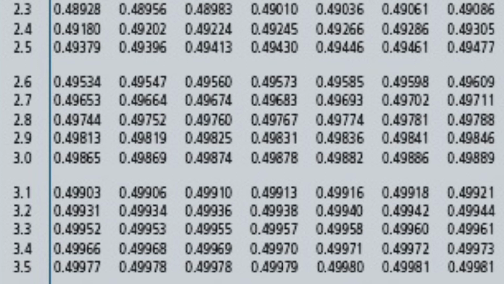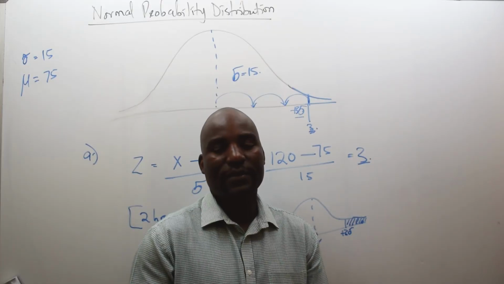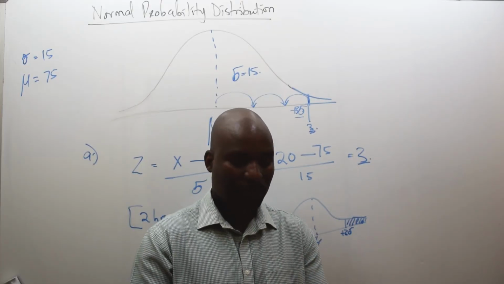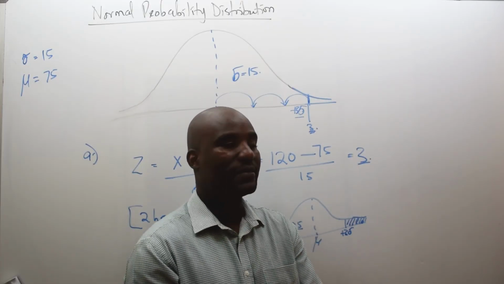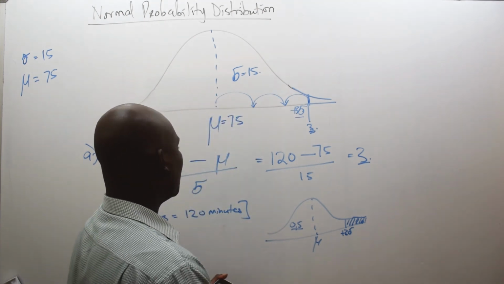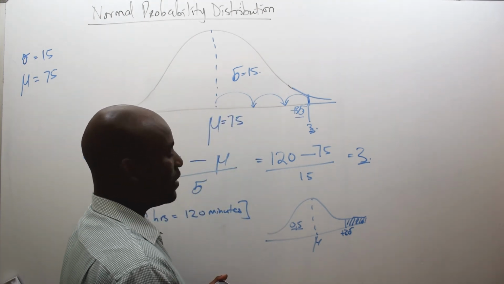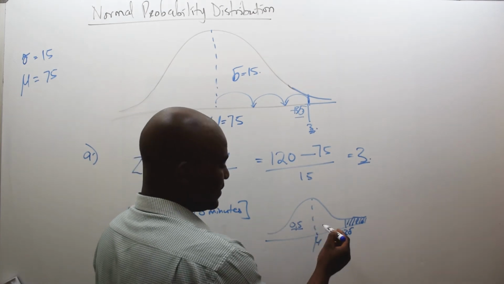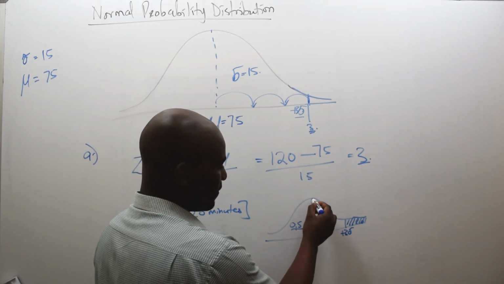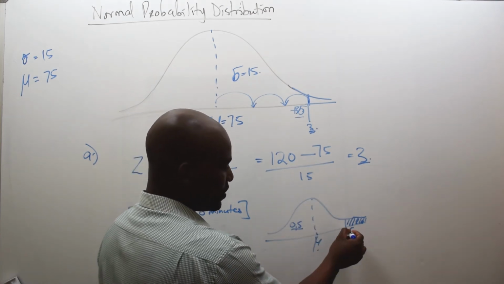So a Z of 3, it's exactly 3, so you go under Z of 3, and the first one is 0.4986. So we found that the Z of 3 is 0.49865. So this gives us the probability of the area from the mu to the plus 3.